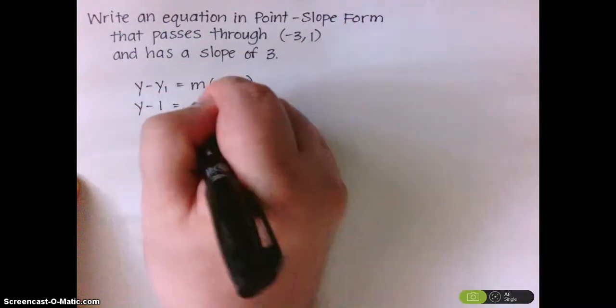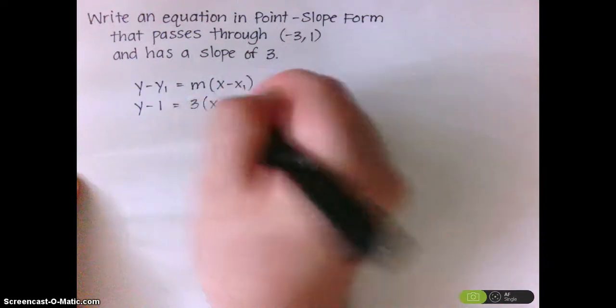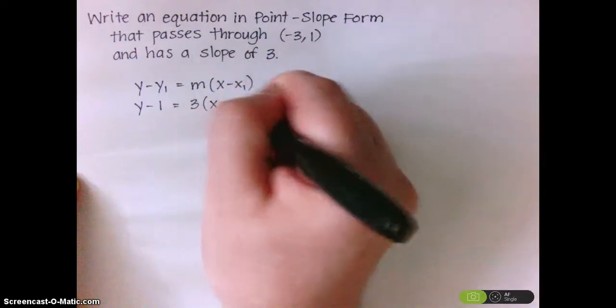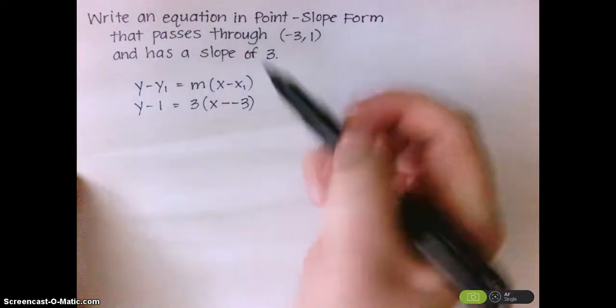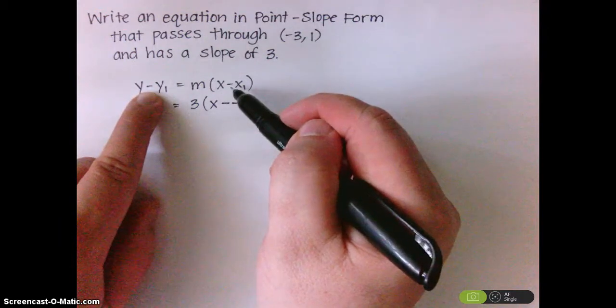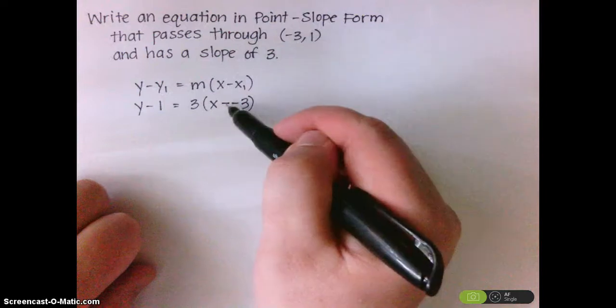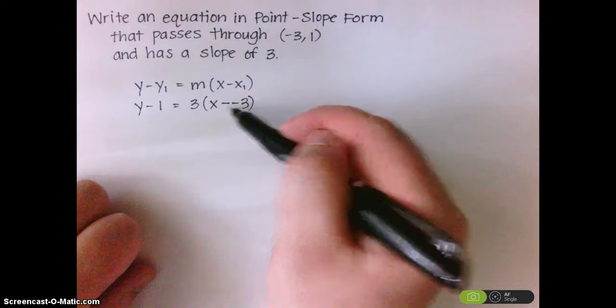The slope this time is +3 times (x minus -3). It's very important that when you see in the general formula, you do have a minus sign in there. So if your point has a negative sign, don't skip it. It's still going to be minus -3.